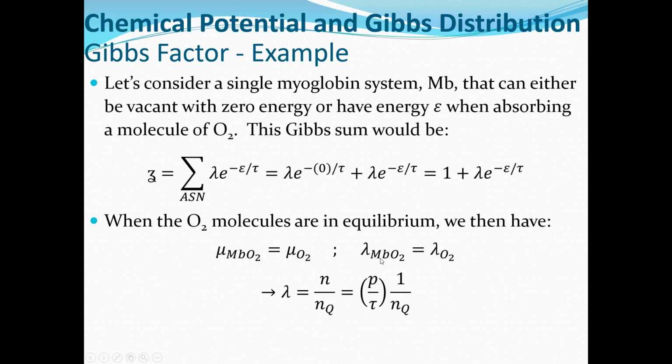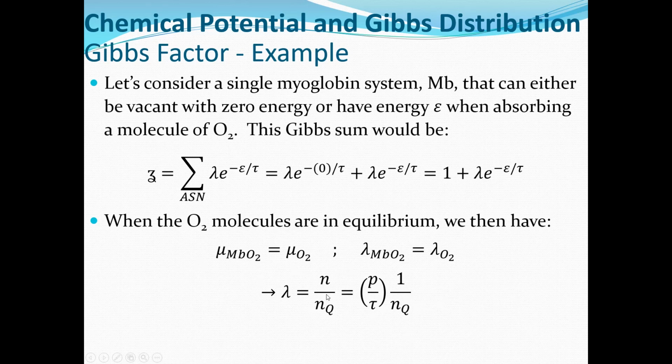If you go back to the whole equation for mu, and the whole e to the mu over tau, it turns out that this lambda term will simplify to look something like this: n over nq, or p over tau divided by nq.